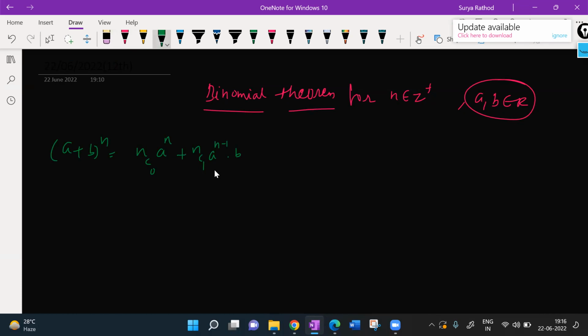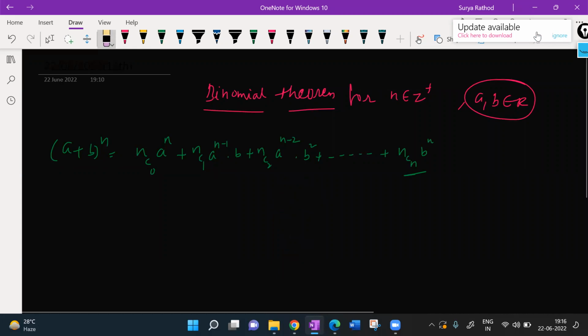Plus nC2 a to the power of n minus 2 into b square plus and so on, plus nCn a to the power of n minus n into b to the power of n. So it becomes a to the power of 0, and b to the power of n. That is how we get this. I don't want to go into the derivations.